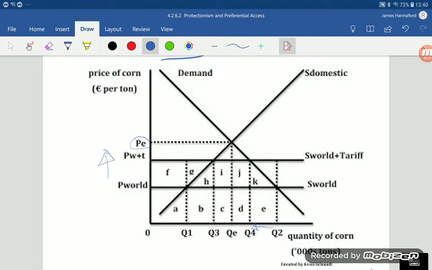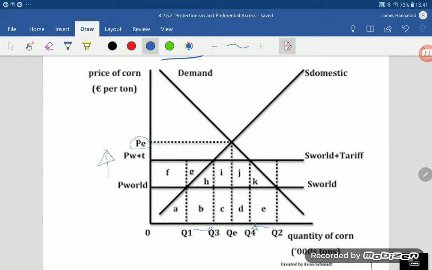We've also said that domestic UK consumers demanded slightly less corn. Their demand fell from Q2 to Q4. The result is that the new import level fell to Q3 to Q4. So imports reduced.